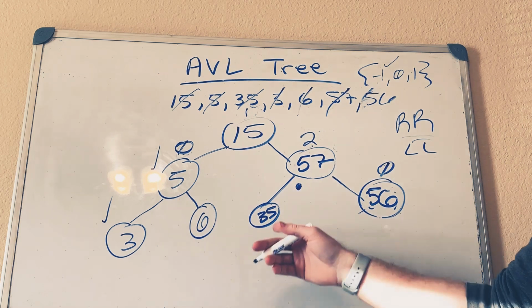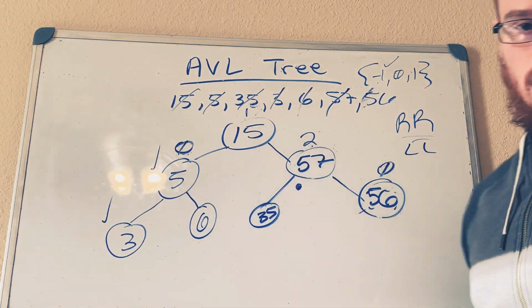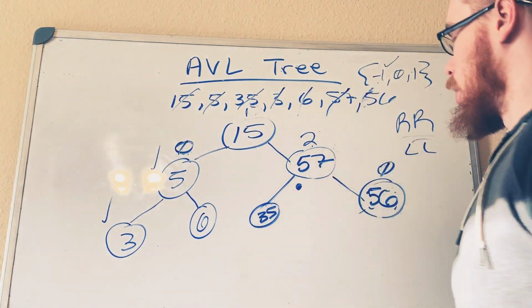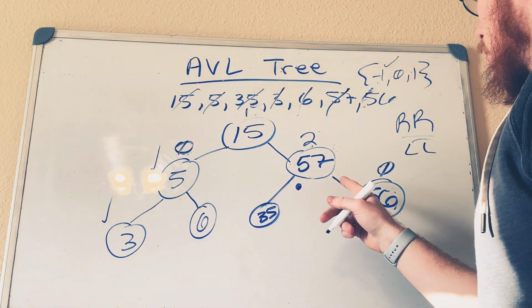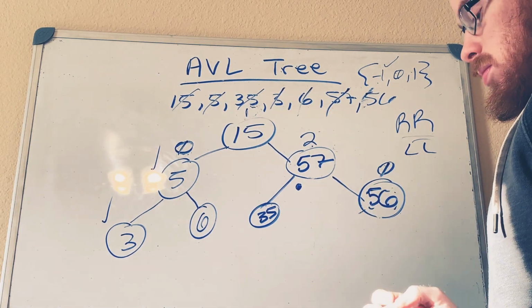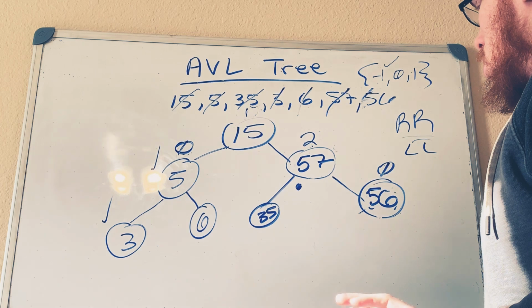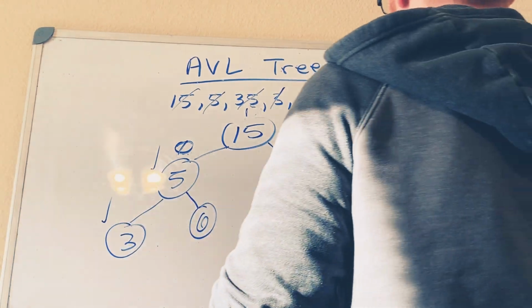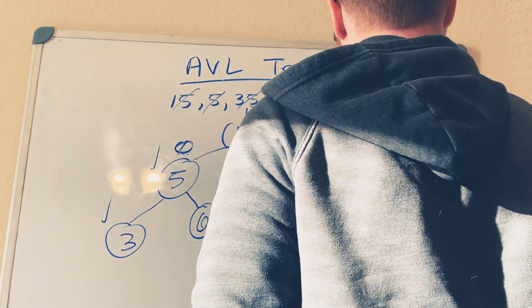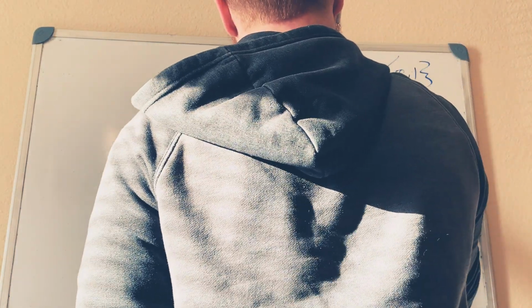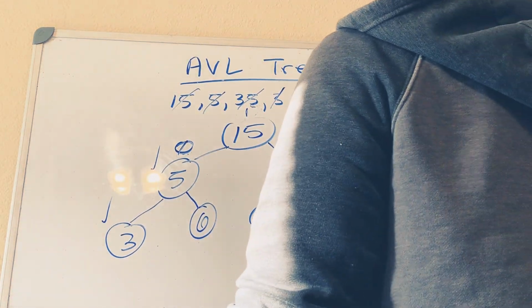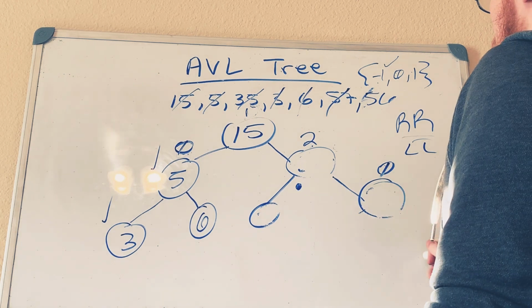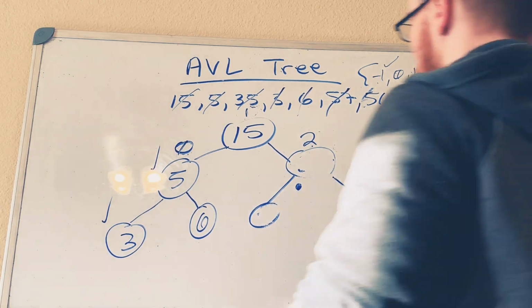Okay, and you can double check by looking at the tree. I goofed something up here, guys. Sorry. Hold on. I had 57 and 56. Okay, so it's 35, 56, 57, right?